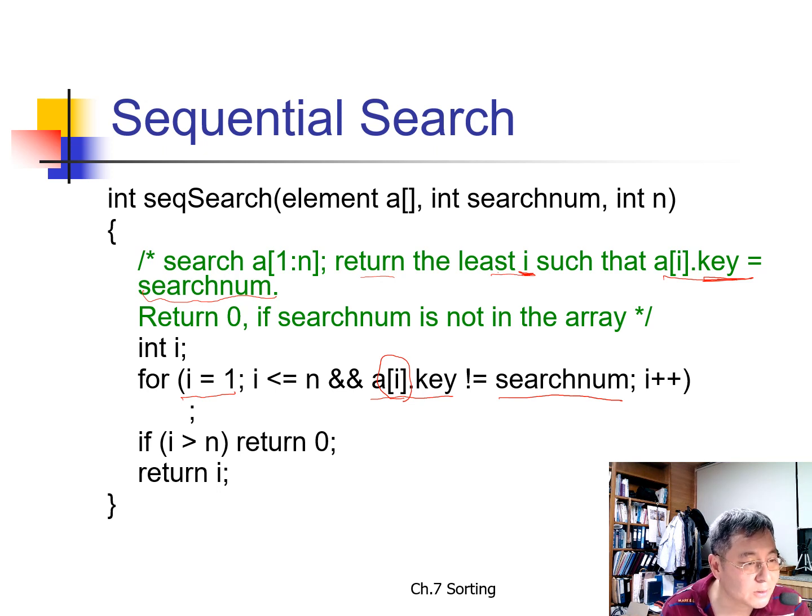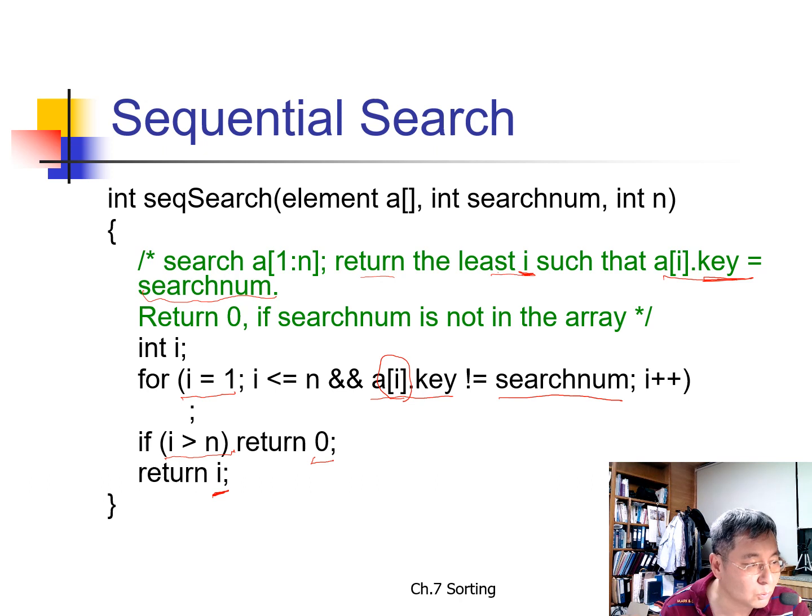If i is greater than n, that means we cannot find the search number in the given data set array, so it will return 0. Otherwise, we will return the found index value. This is the sequential search method.